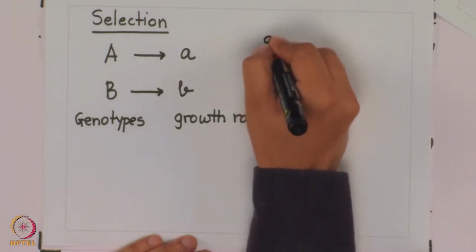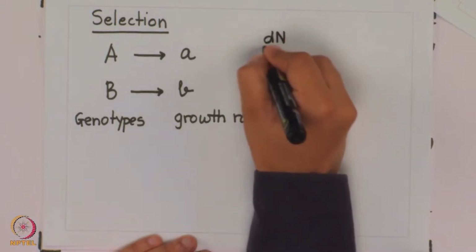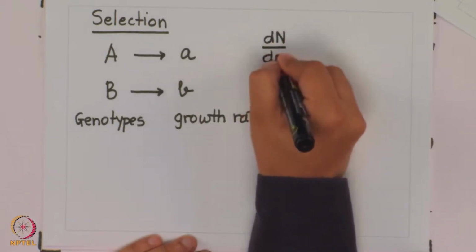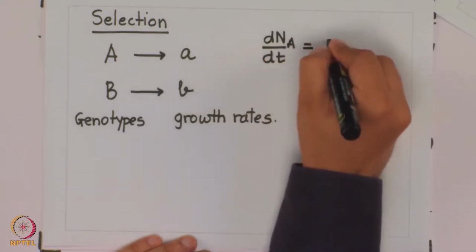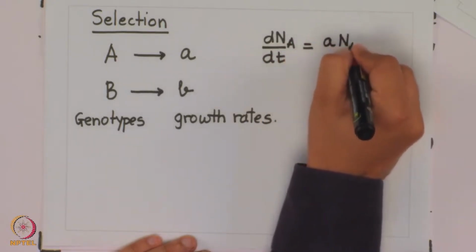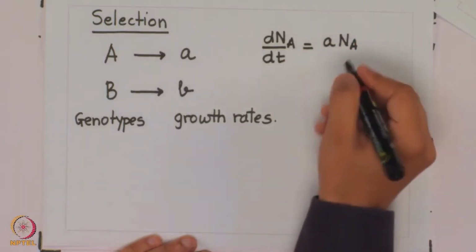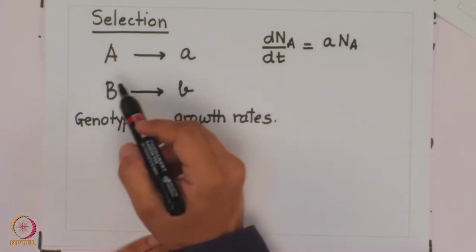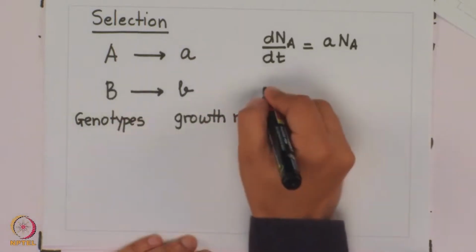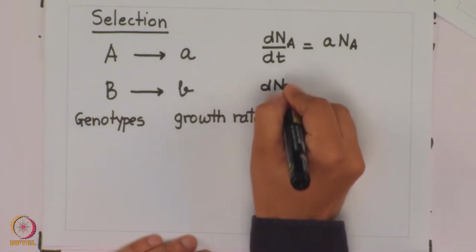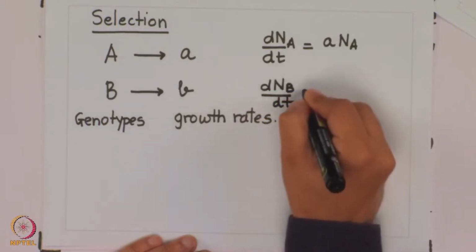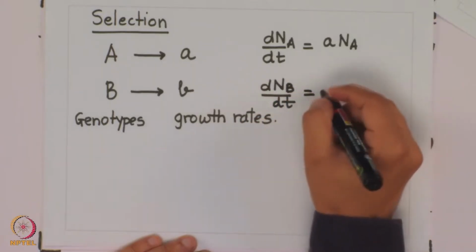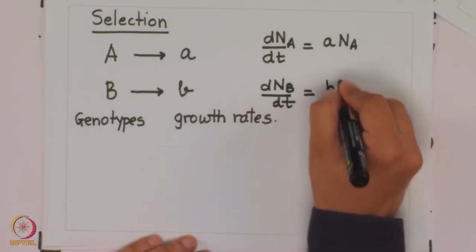So, if we go back to the differential equation model, we have dNA by dt is equal to A times Na, where Na represents the number of individuals of type A, and we have dNB by dt equals B times Nb.